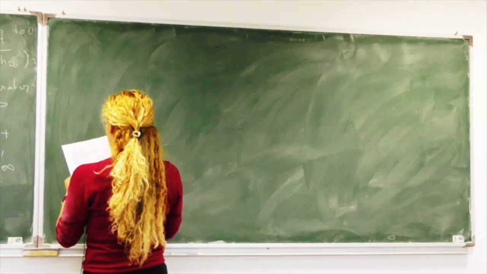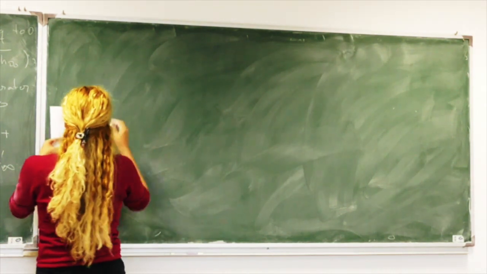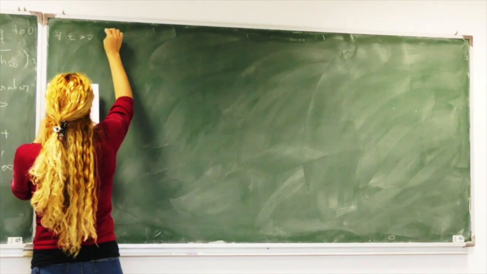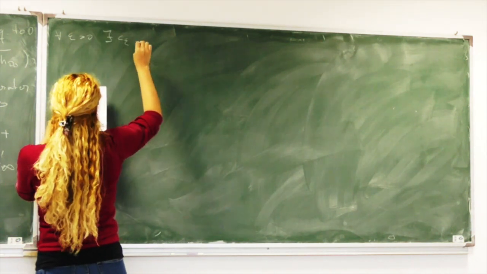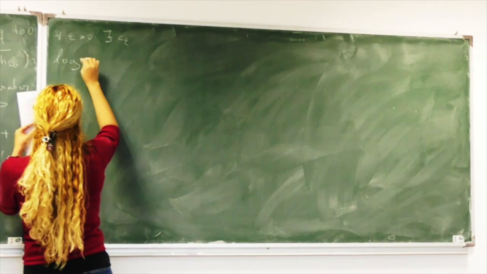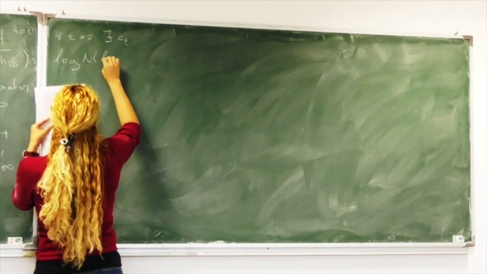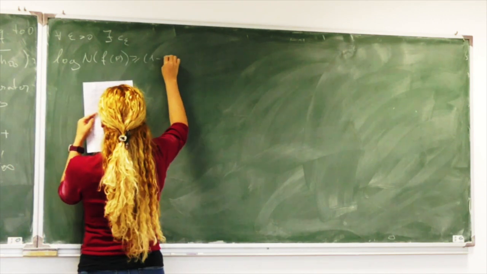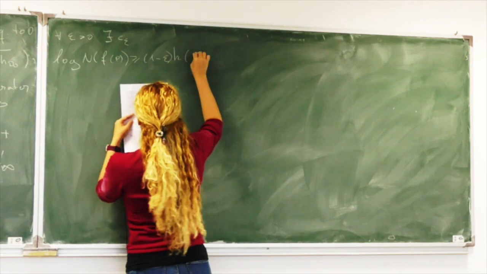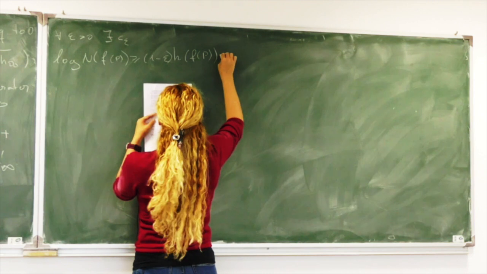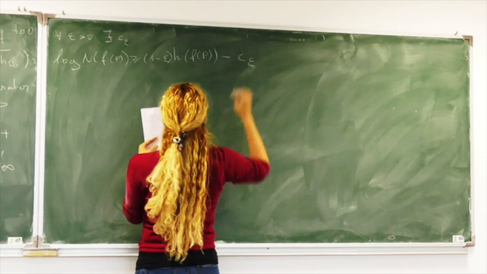But now what is the ABC conjecture telling us? So it's saying that for every epsilon greater than 0, there exists a constant that depends on epsilon such that the logarithm of n of fp is greater or equal than this. Another parenthesis, right?